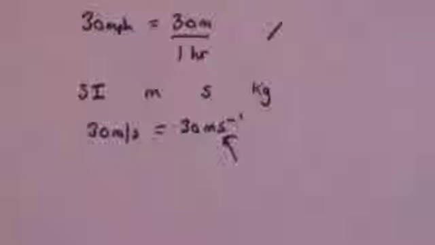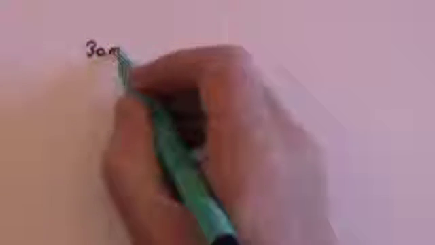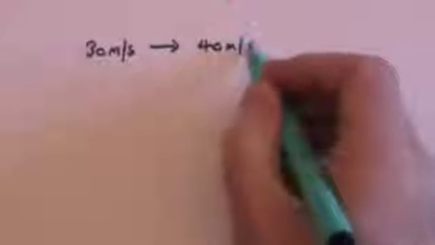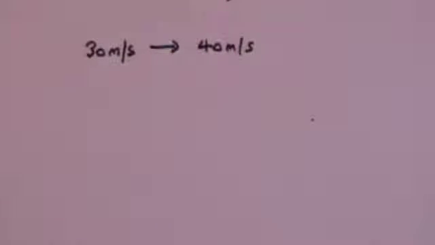Now I want us to consider what happens if we increase our speed from, say, 30 metres per second to 40 metres per second. That would be called an acceleration because we're getting faster. We're going from 30 metres a second to a faster speed or velocity of 40 metres per second.